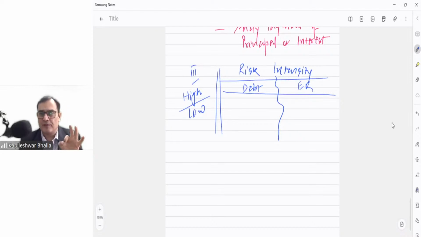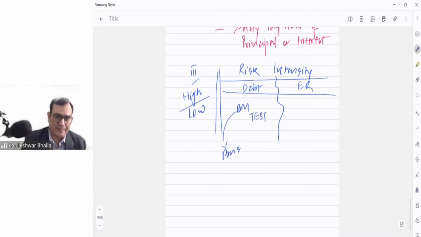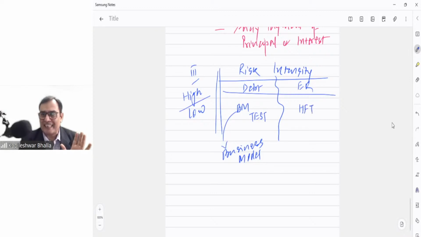And in terms of the risk intensity for a debt investment, we've got what is called a BM test. It's called a business model test. The BM stands for business model test. So we're going to apply a business model test. And when you're looking at equity investments, we are going to apply what we call an HFT test.